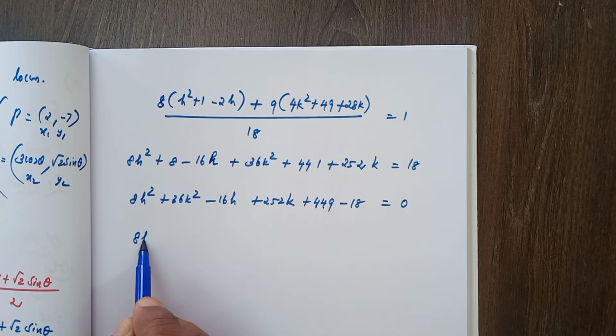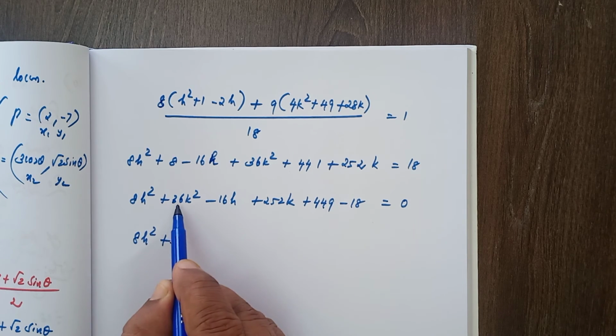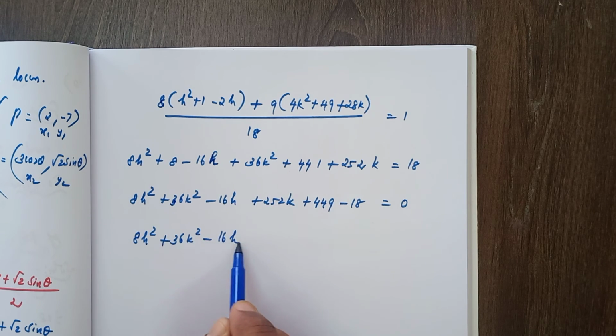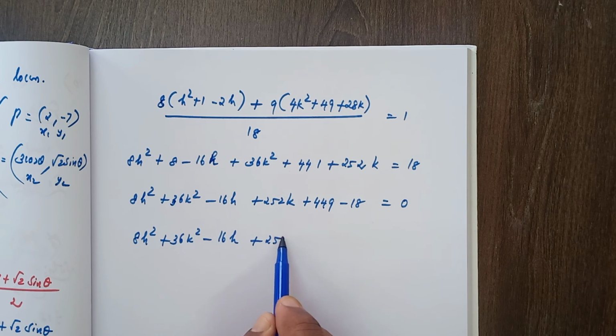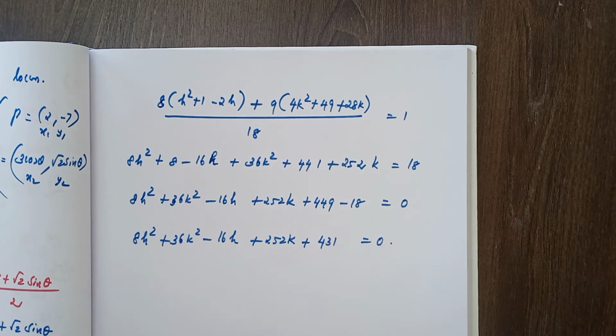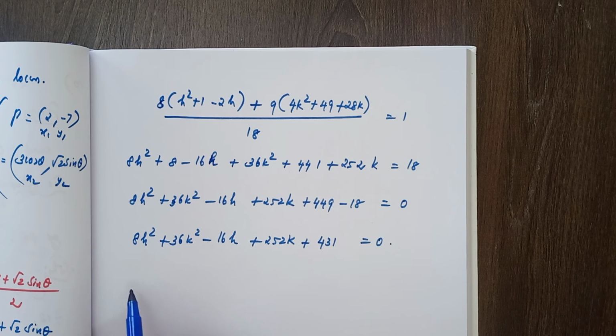Right, 8h square plus 36k square minus 16h plus 252k plus 449 minus 18 equals 431, that is equal to 0. Finally, I have to write the result.